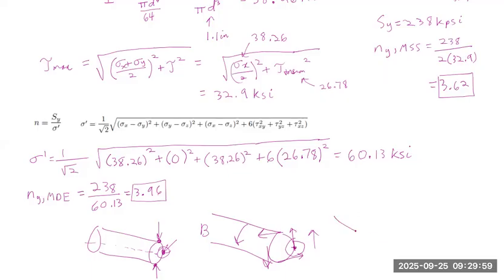As we try to bend this element, because of these two forces, these layers in the beam are going to slide past each other. So that results in our transverse shear stress.